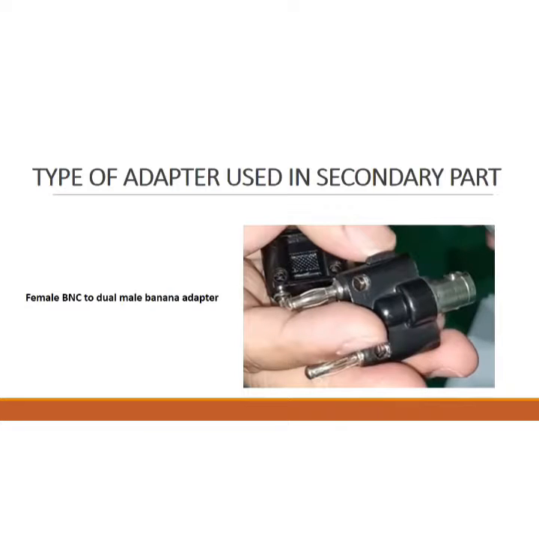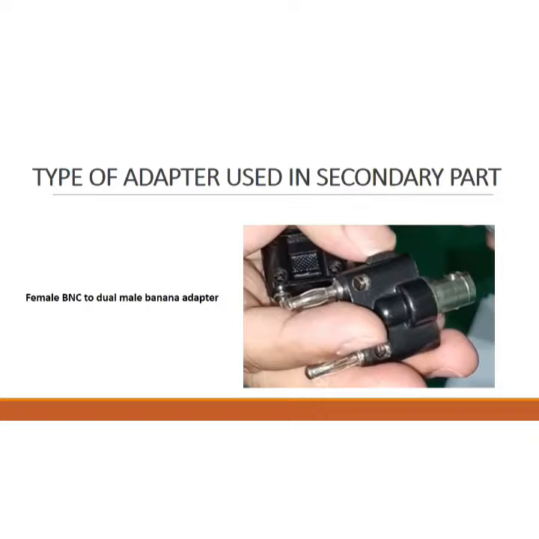Next, I'm going to explain about the type of adapter used in the secondary part. It is a female BNC to dual male banana adapter. When the cable from the capacitor, a male to male BNC cable, is connected to the female of the BNC to dual male banana adapter, that will connect to the secondary part.